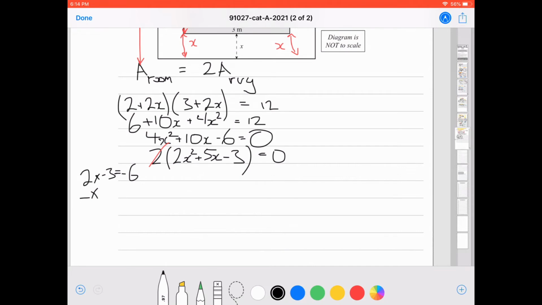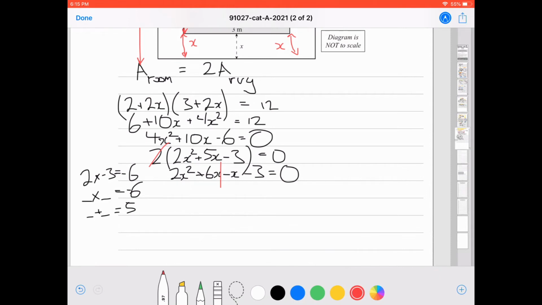And those two numbers are plus 6x minus x, or minus 1. So we can say 2x squared, we split our b term into plus 6x minus x minus 3, and it equals 0. Cutting our quadratic in half, factorising the left-hand side, 2x is a common factor, and x plus 3.